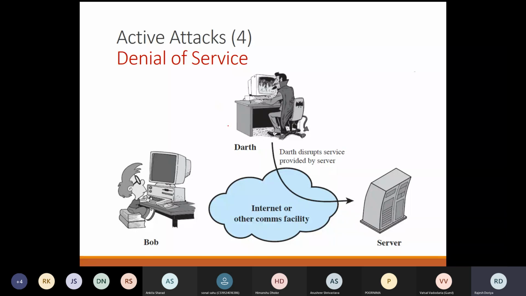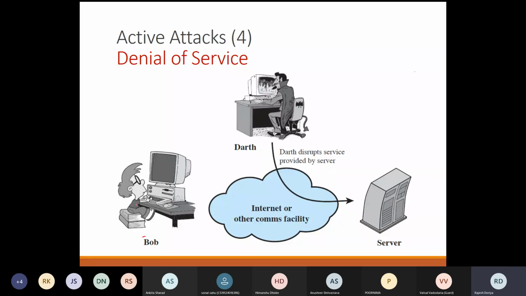In this case, Bob is trying to access some services of the server, but Darth is disrupting the services provided by the server to Bob. So Bob is facing difficulty while accessing the services present in the server, and this is termed denial of service.